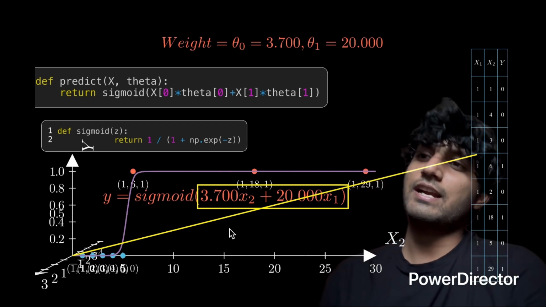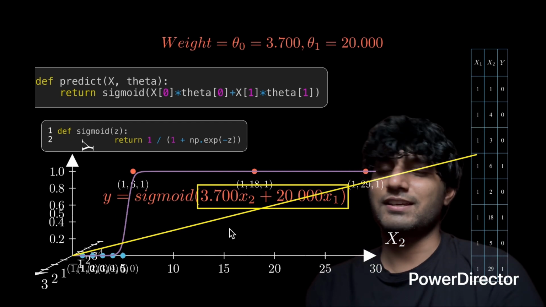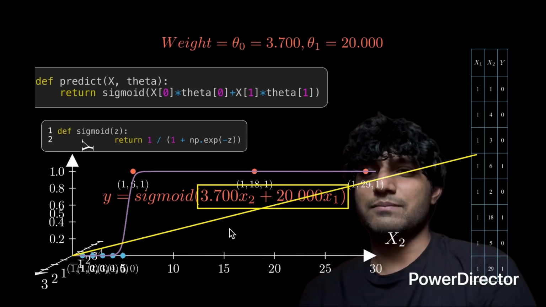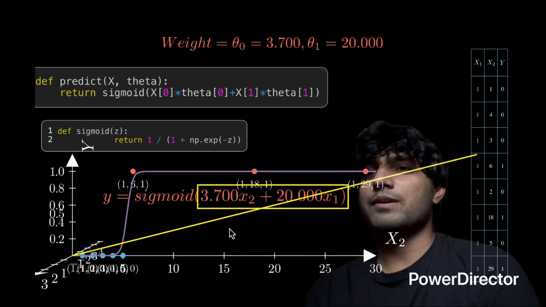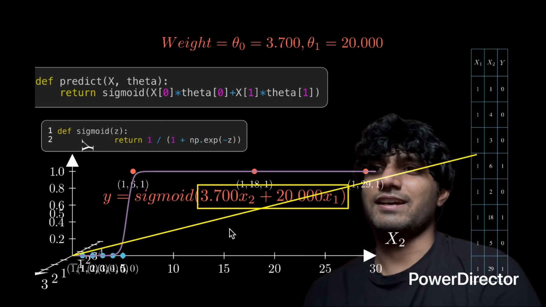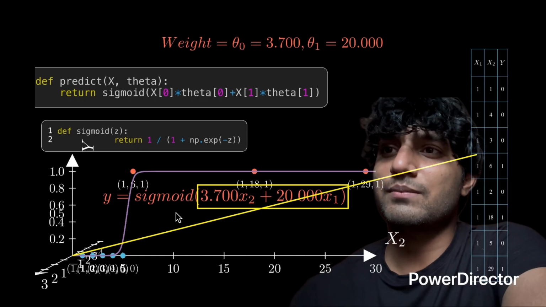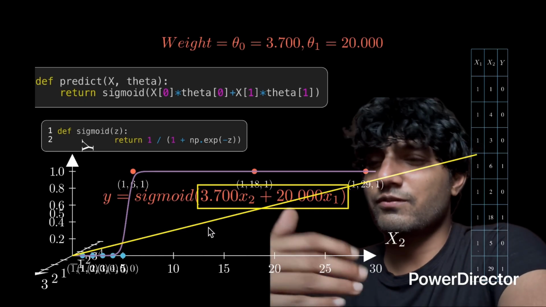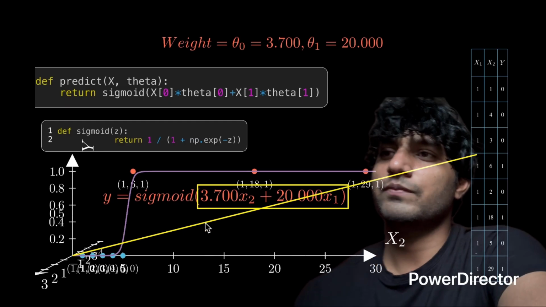You will understand more about decision boundaries when we talk about SVMs, because there the concept of decision boundary actually makes sense. There we will not only be optimizing the loss function, where our goal is to find the best weights, we will also make sure we have enough space between this line and the data.